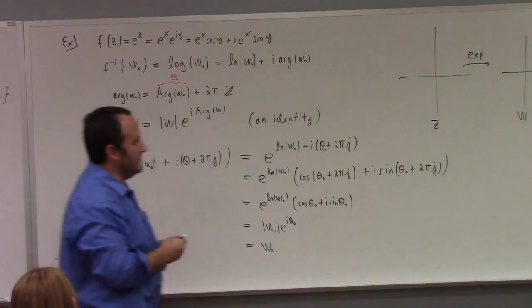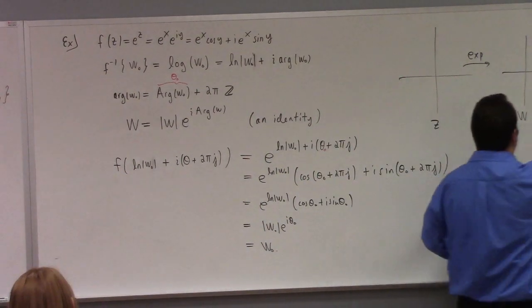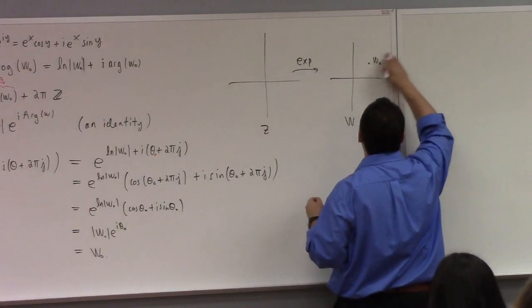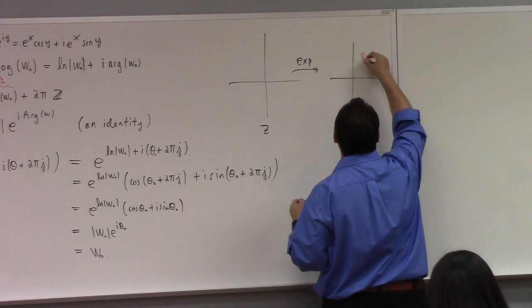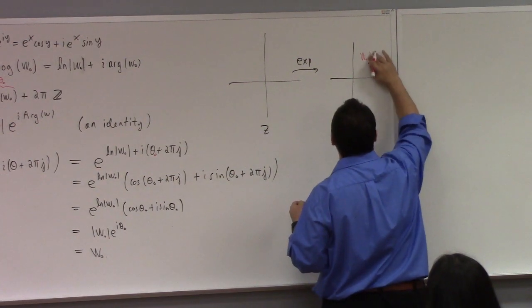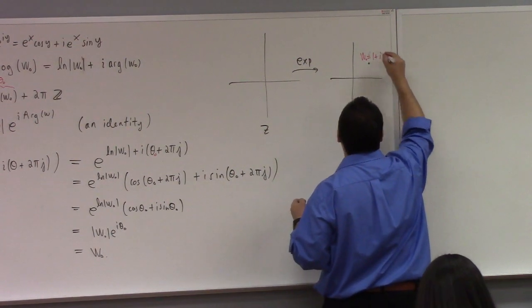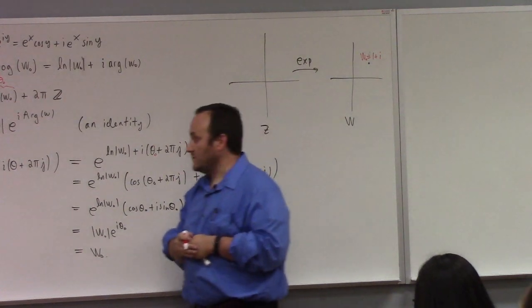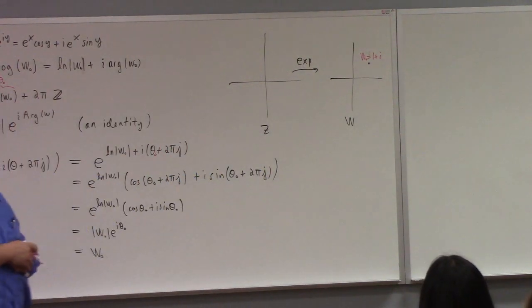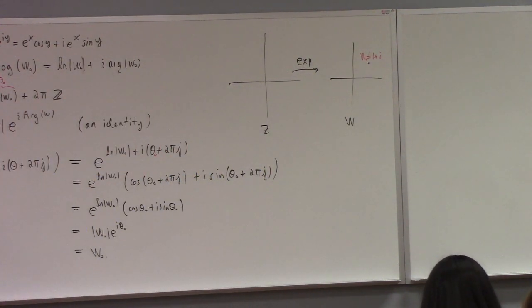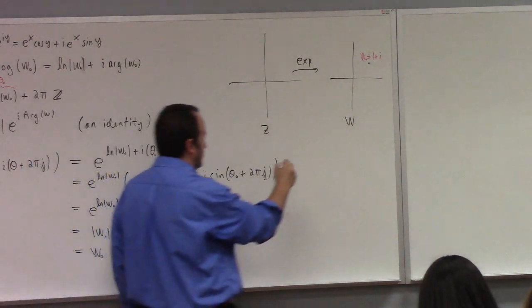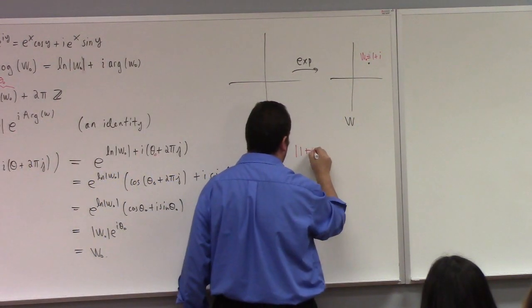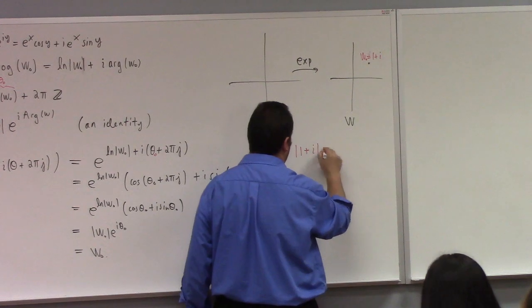So just to be specific, if we looked at w naught equal to, I don't know, let's say 1 plus i, just to be specific. If we have w naught as 1 plus i, then what's the length of 1 plus i as a complex number? What's the modulus of 1 plus i? The so-called length of a complex number.